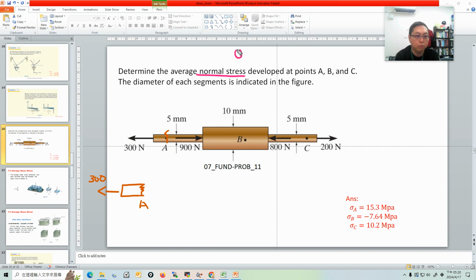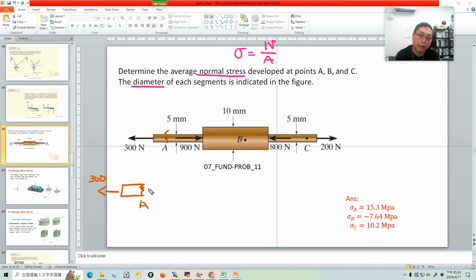Don't forget the normal stress is equal to the normal force divided by area. So we need to calculate the normal force on each section. Because it gives you a diameter, we can use the diameter to calculate the cross-section area of each section.